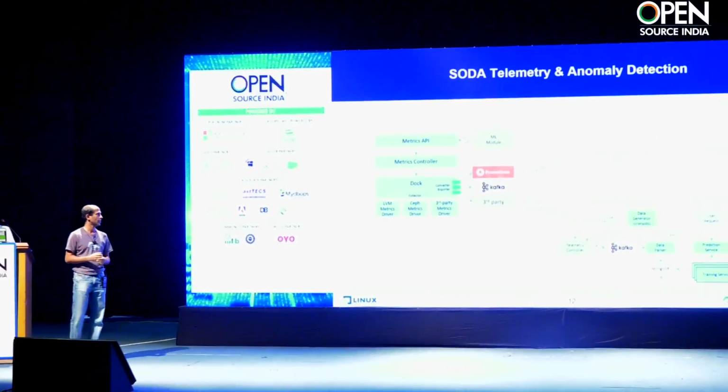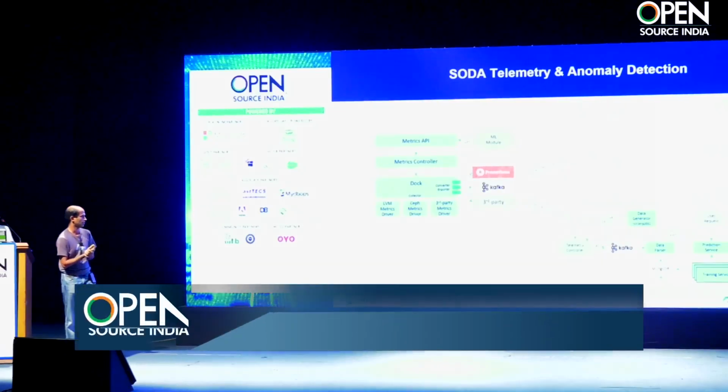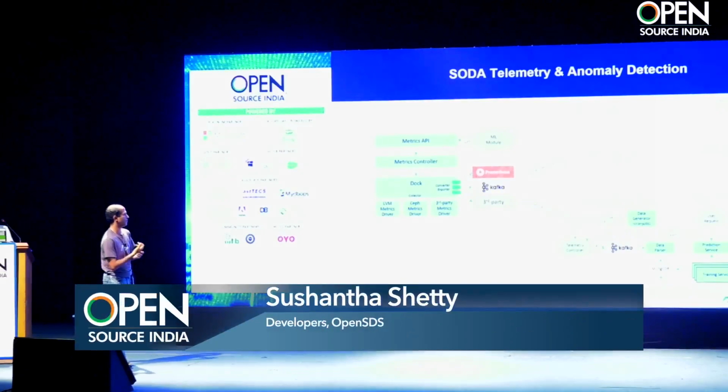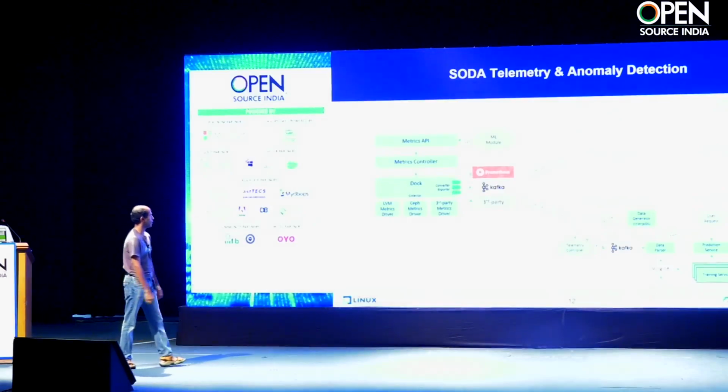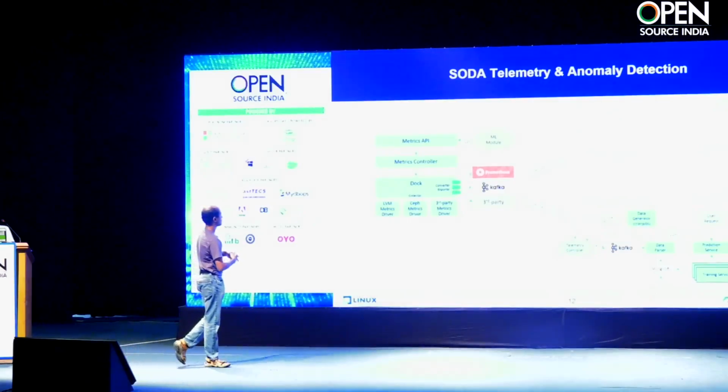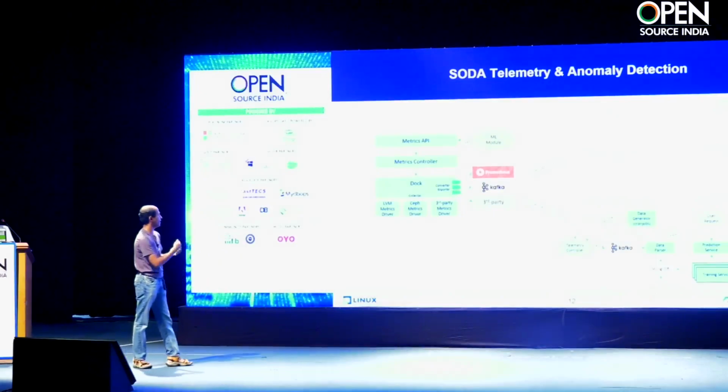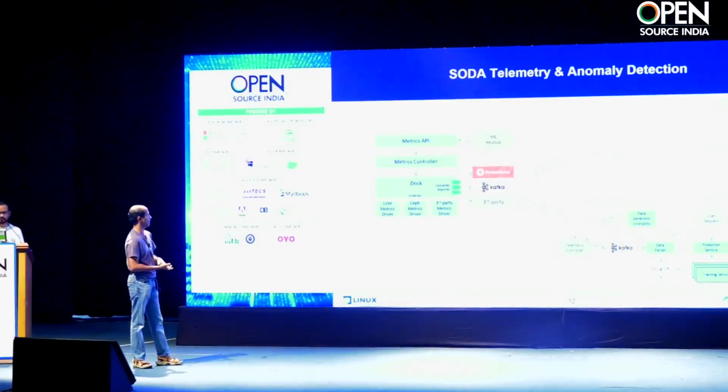This morning, I think most of you have already attended a detailed session on this. So this is how the ecosystem looks. We have a telemetry controller for metrics. So a user or third party can log in and request the metrics.